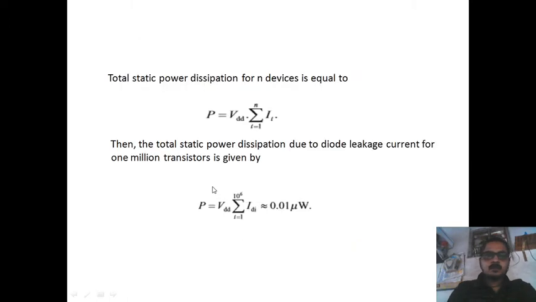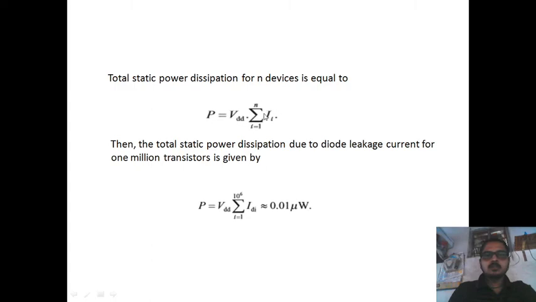Now we calculate the total static power dissipation for the N device. Generally P equals V into I, where V is the applied voltage VDD, and the current depends on the number of diodes.